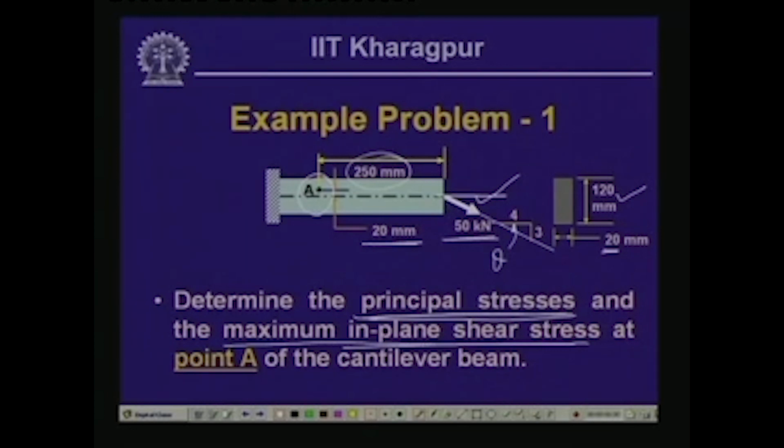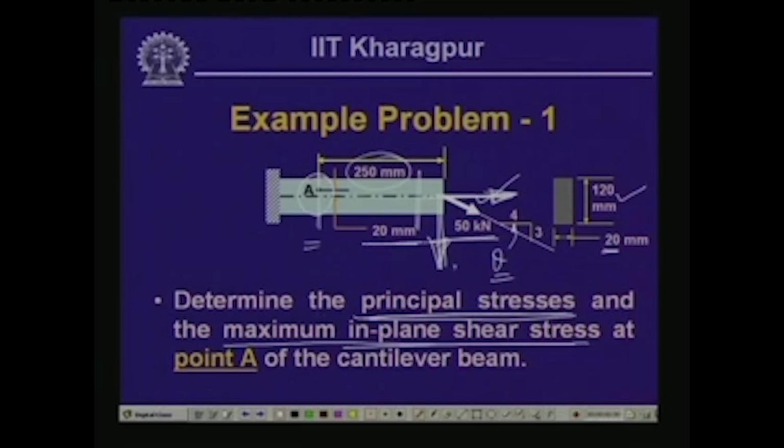This load, acting at an inclination theta with reference to the beam axis, can be decomposed into two directions: one in the axial direction, another in the perpendicular direction. The axial force will cause an axial pull, thereby a normal stress, and the transverse loading, the component in the vertical direction, will cause bending and shear at this particular cross section.